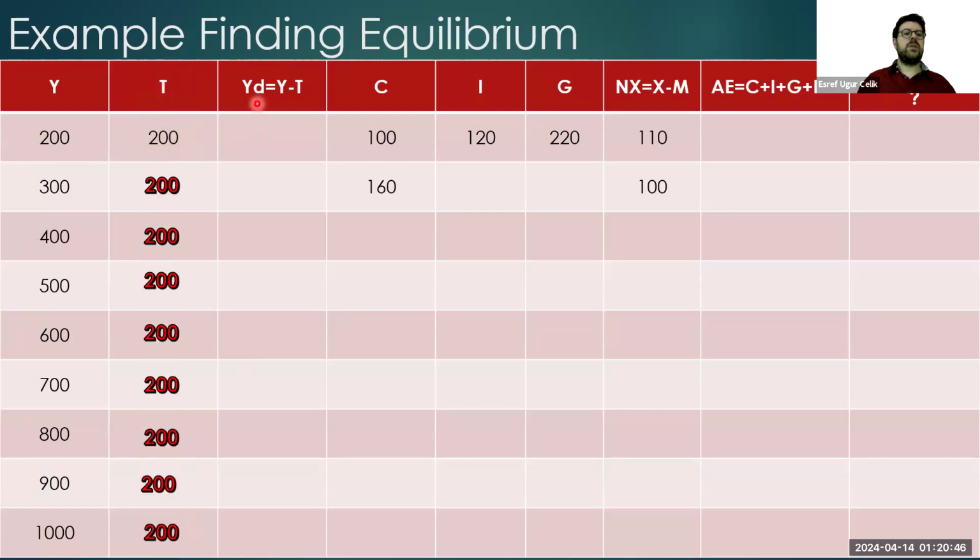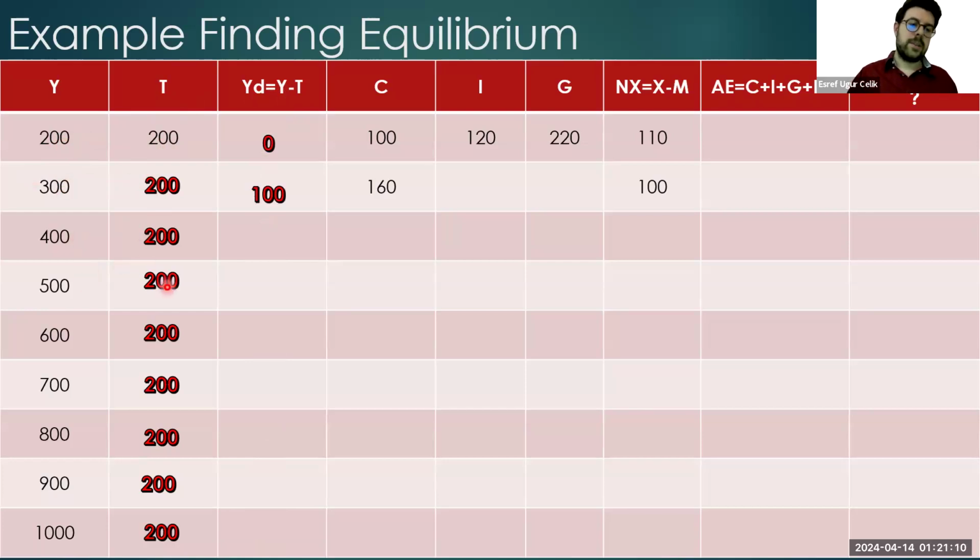Let's turn to the disposable income part. Disposable income is total income minus net taxes. So 200 minus 200 is 0. 300 minus 200, it's like that. You can do it like that.